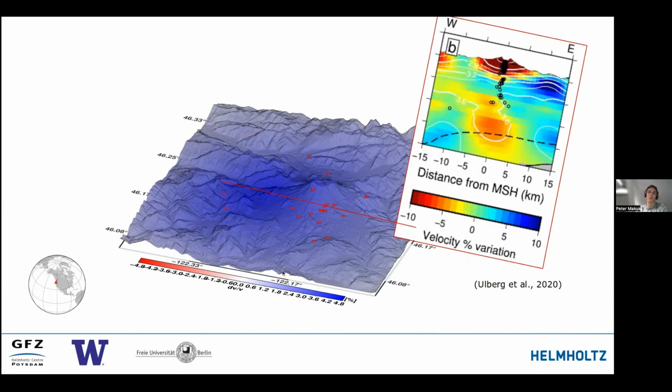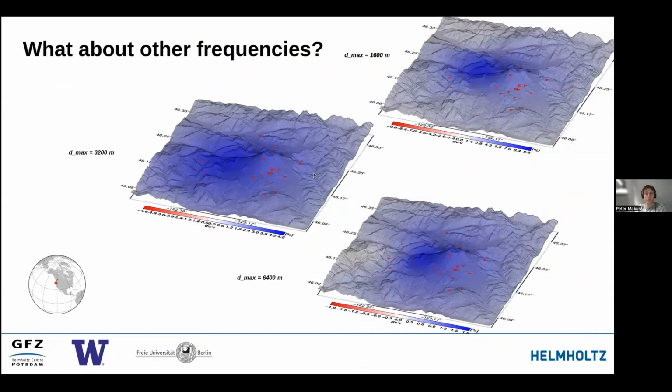And we can ask ourselves, what about other frequencies? And here indicated is the approximate maximum sensitivity. So this is the depth below surface level. So we have the highest frequencies, this is what we just looked at, and this is an even lower frequency.